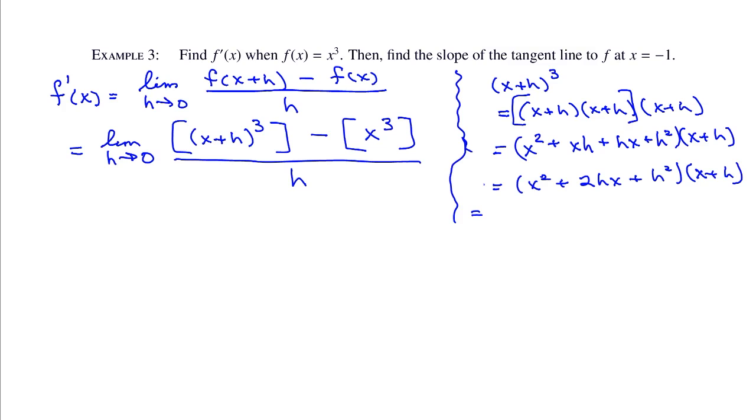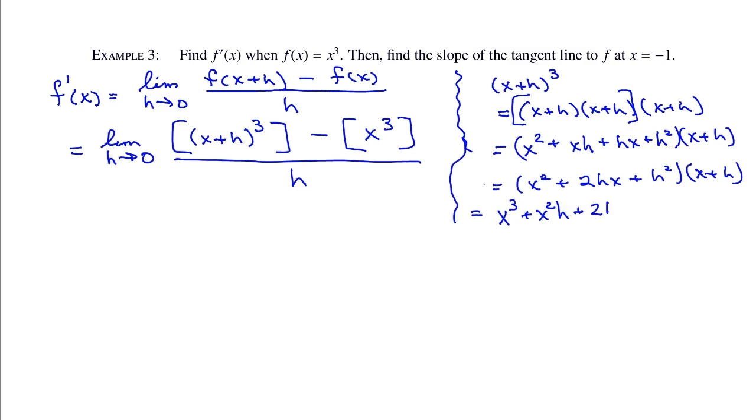All right. Now to multiply this out, the way to multiply three terms, a trinomial by a binomial, is you just take every term in the first one and you multiply it by each of the terms in the second one. Okay? So we're going to do x squared times x, that's x cubed. Then we're going to do x squared times h, so that's x squared h. Now I move over to the 2hx, and multiply that by x.